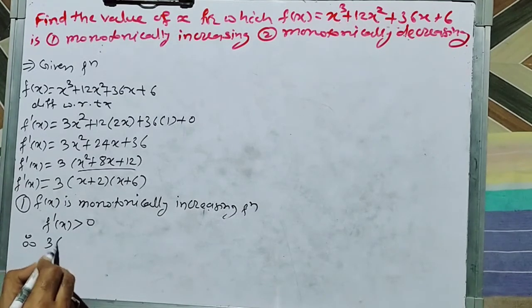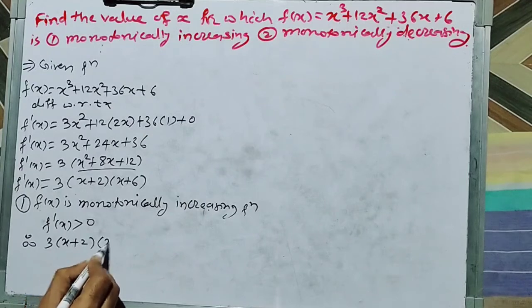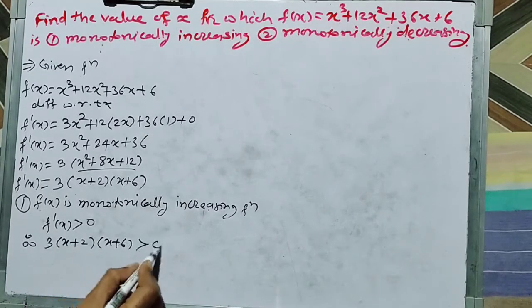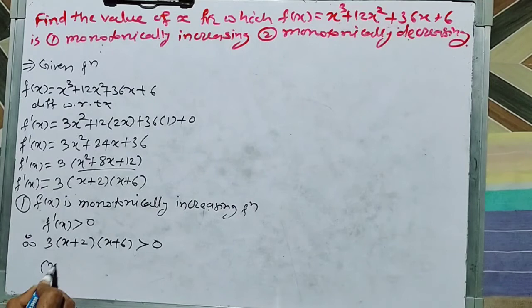So therefore 3(x plus 2)(x plus 6) is greater than 0. It means (x plus 2)(x plus 6) is greater than 0. Now the product of two numbers is greater than 0, it means the product is positive, so both numbers are positive or both numbers are negative.